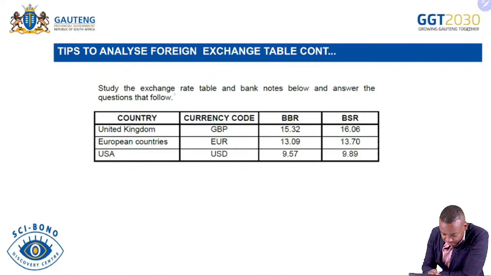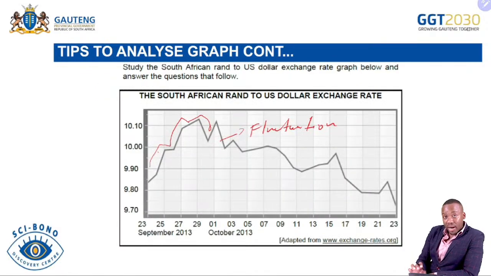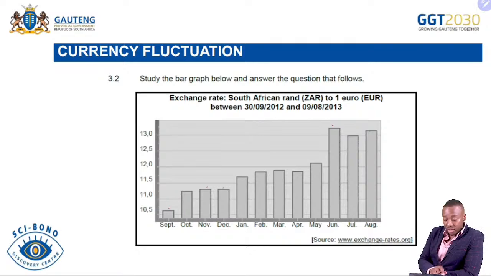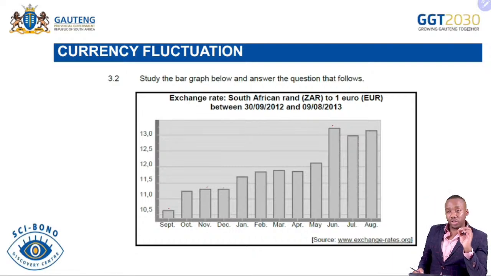A foreign exchange table, right? Or you'll come across a normal graph like this one. It is also speaking about currency exchange. You'll come across a graph like this one. It is still talking about currency exchange. But now I need to give you skills on how to interpret these graphs or tables.